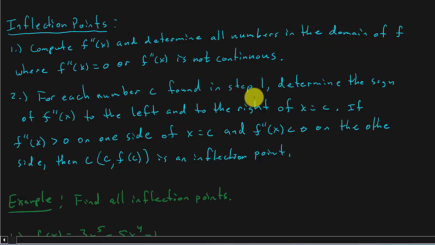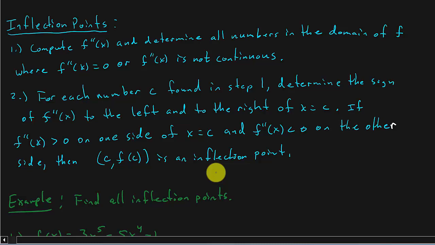For each number c found in step 1, determine the sign of f double prime to the left and right of c. If f double prime is positive on one side and negative on the other side, then (c, f(c)) is an inflection point.